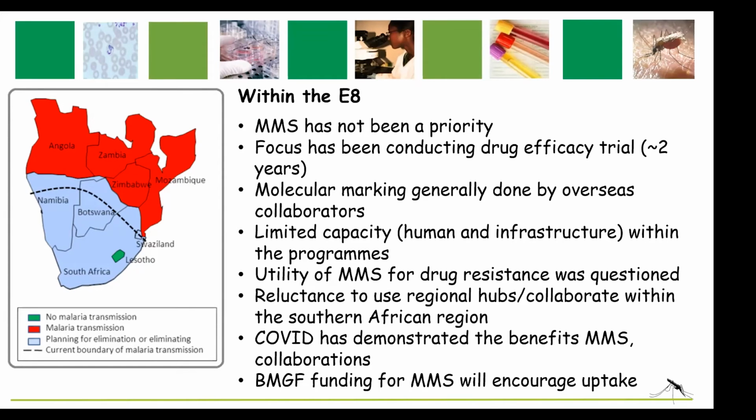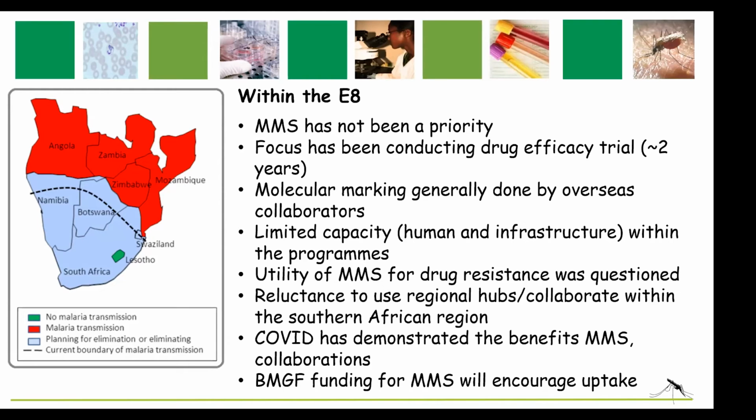There have been regional hubs, and I'm hoping that with COVID showing the value, more countries will take up the ability to do molecular surveillance, particularly in Southern Africa, and we can have a more representative idea of what the molecular markers are and what our challenges are.